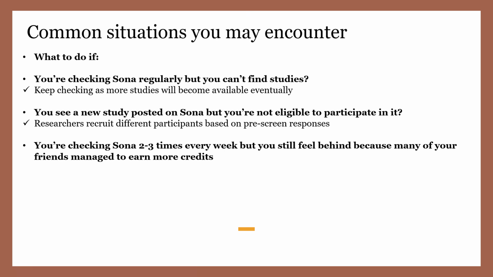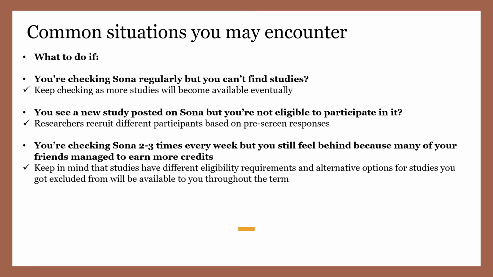So it's perfectly normal for students to earn credits at different rates. If your friend has 3 credits and you only have 1, but you're doing everything that you're supposed to be doing, and you're bringing things to my attention if needed, then don't worry about this, it's okay. You will be able to participate in more studies as the semester progresses.